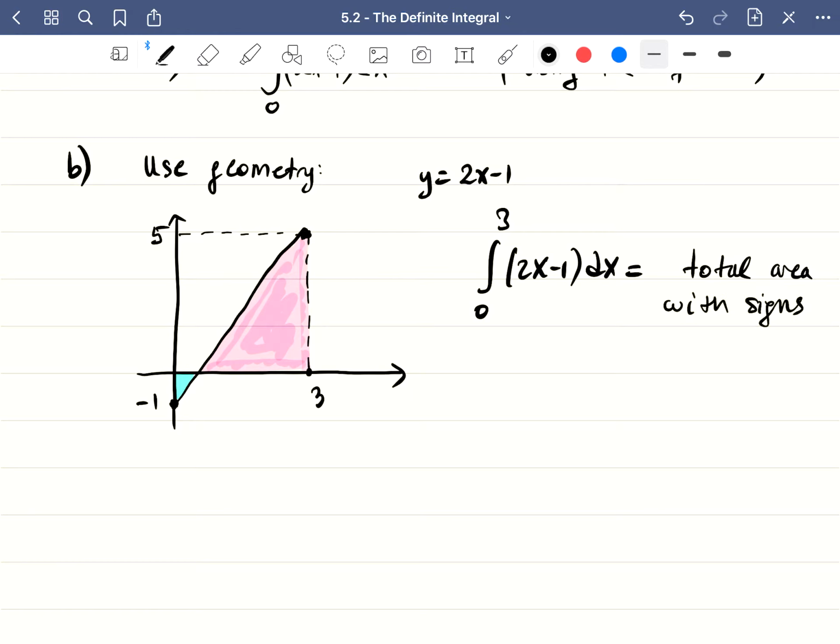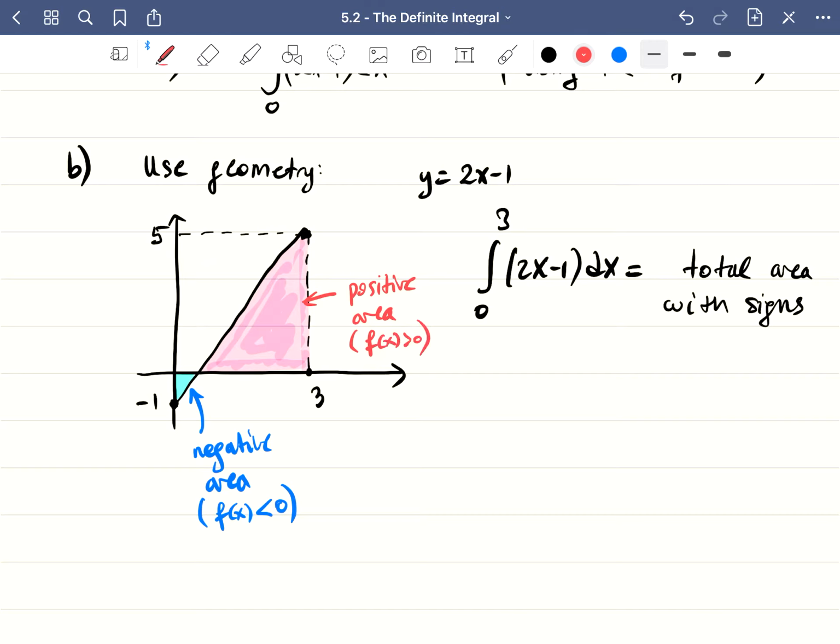Now this blue area here is negative, since the value of the function is negative there. And for the pink one, the area is positive because f is positive.